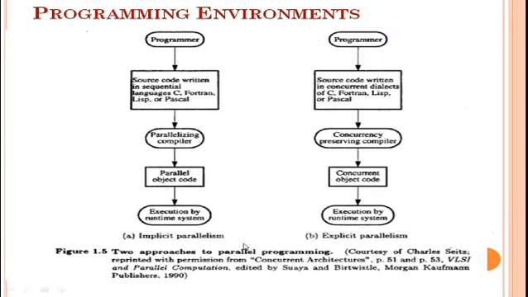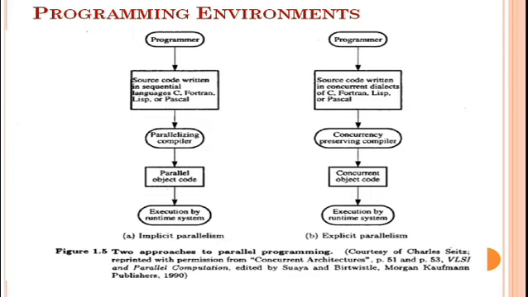Now coming to the programming environments, the programmability of a computer depends on the programming environment provided to the user. So one is the sequential environment and another is the parallel environment.